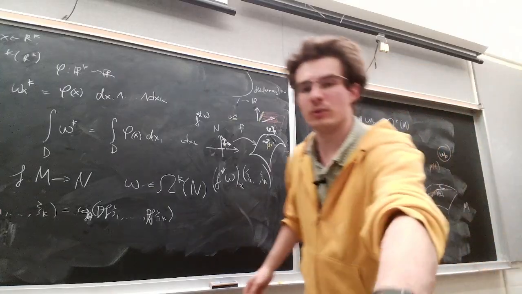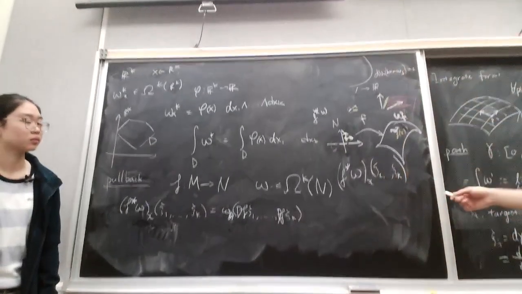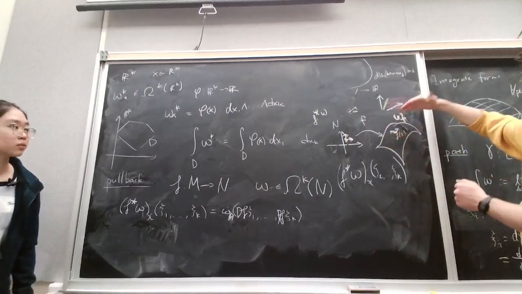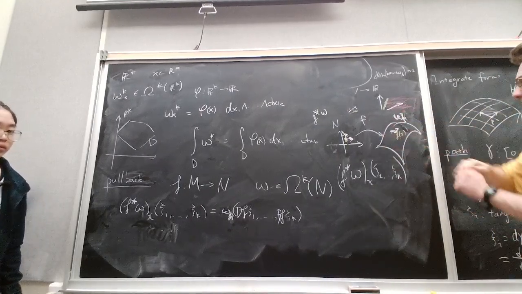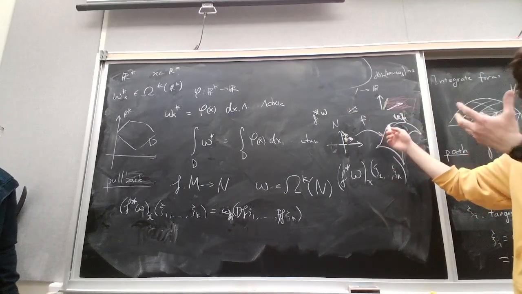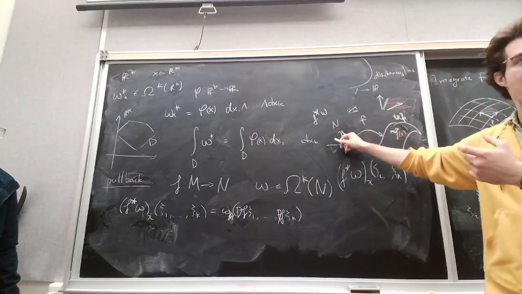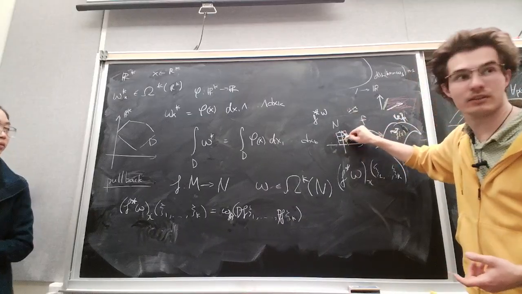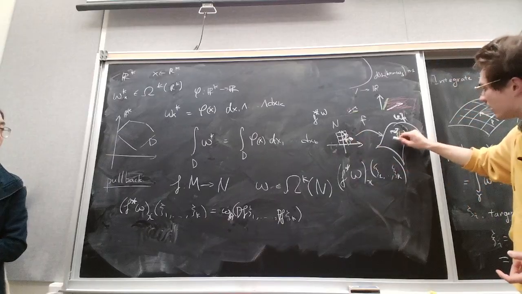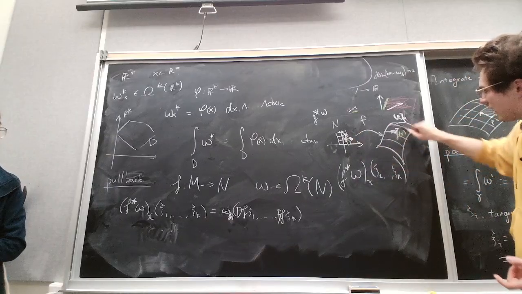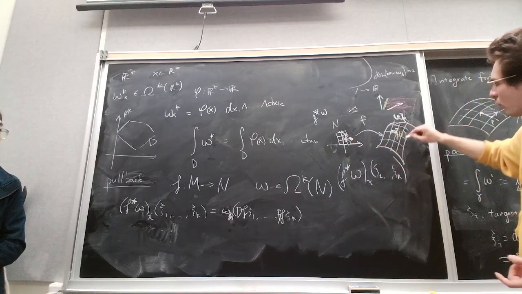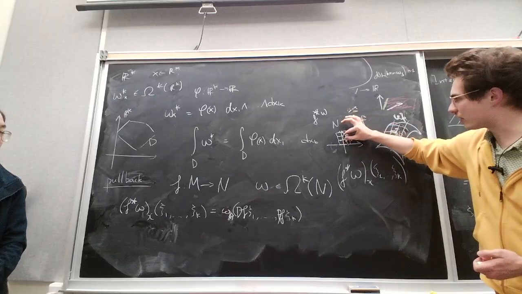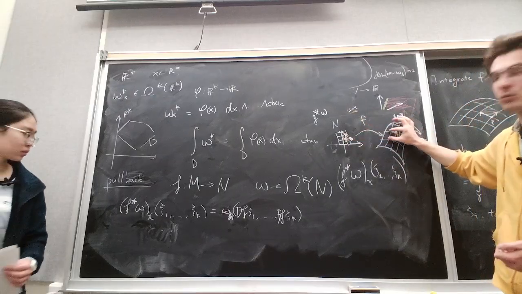What we're going to do here using this pullback is pull the form back, parameterize my surface using some coordinates, and then chop stuff up into little squares over here. Those little squares give me a chopping up into little squares over here. And then I'll see how this gets mapped to a square here.